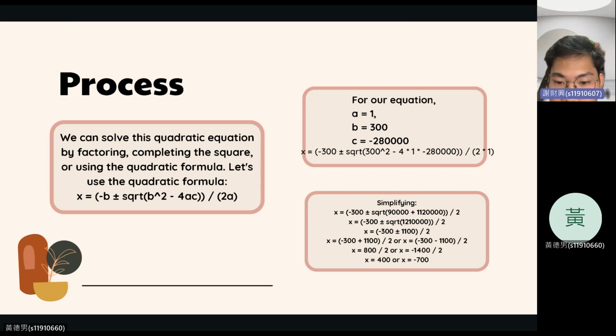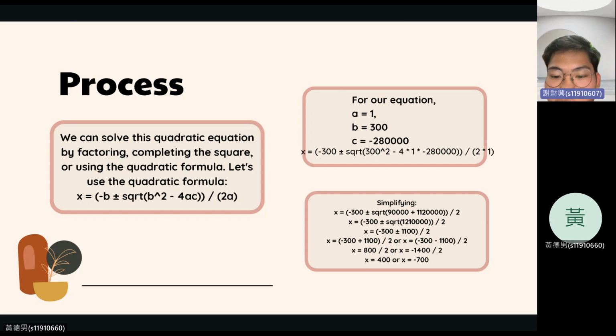Then we get minus 300 plus or minus the square root of 1,210,000, divided by 2. From the square root, we get x equals minus 300 plus or minus 1,100, divided by 2.